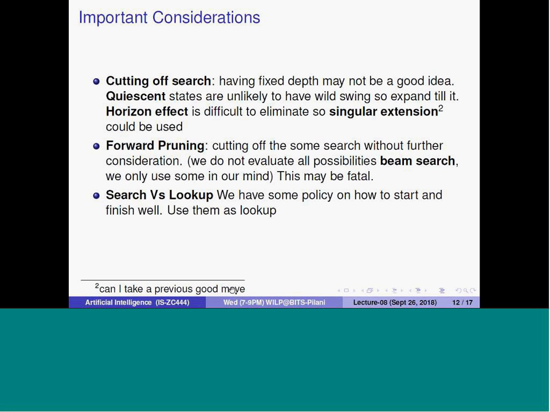So I take a previous good move. This is called the singular extension. Although you are in a difficult scenario, you have taken time by giving some different kinds of moves, and now you have reached another position from where you can take the singular extension. It means you can take the previous good move and continue. These things can also be possible to expand like that.